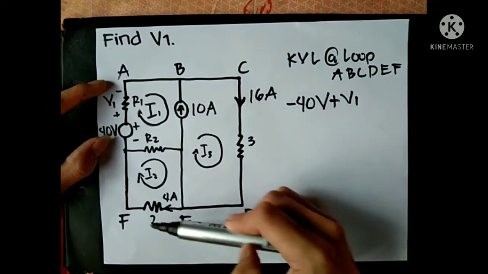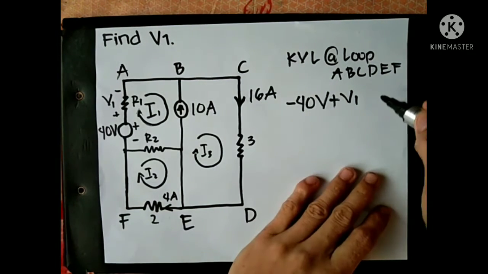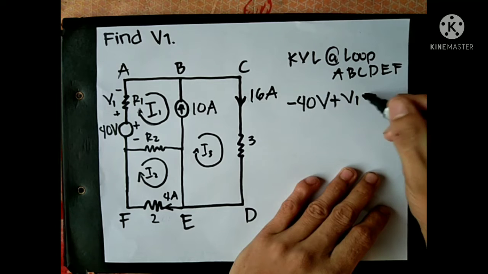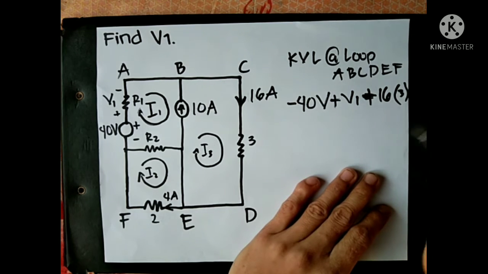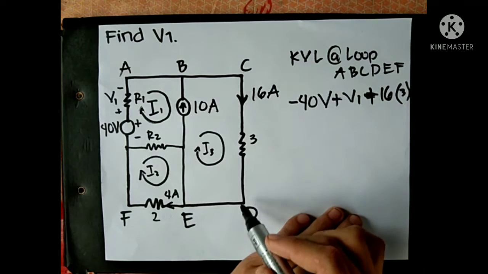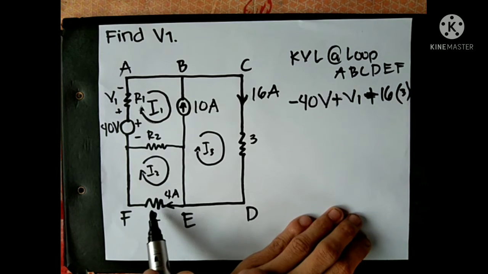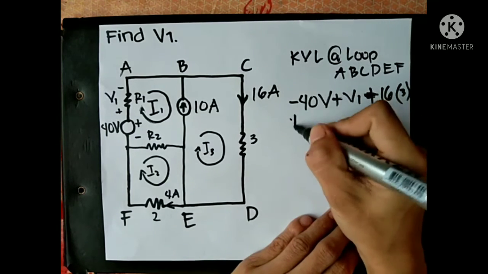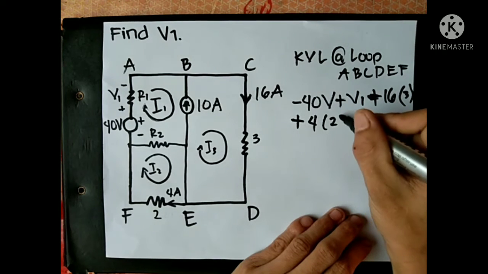Next, the flow of the voltage travels through the loop A, B, C, D, E, F. At C, you can see there is a given 16 ampere, plus 16 ampere, and since this resistance is given as 3, we multiply it by 3. Then it travels to the resistor in this corner, where there is a current of 4 ampere, so plus 4 ampere, and this resistor has a value of 2, so we multiply it by 2.